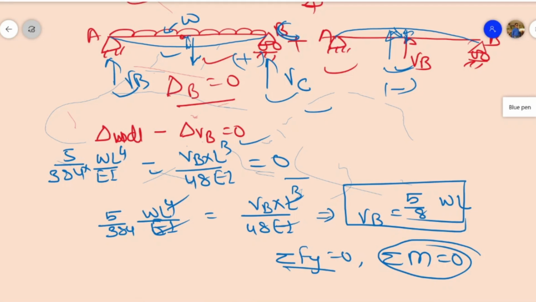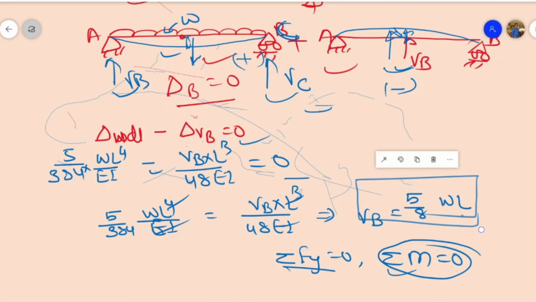So one we will get from summation of M equals 0, and after that we can calculate either VC or VB and put it in this equation, then we will get both. I am not showing here how much it will come, I'm just writing the value.